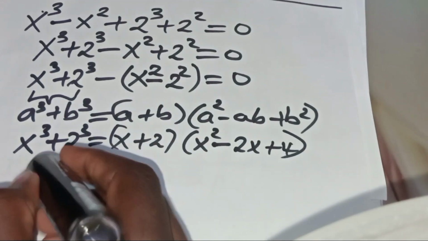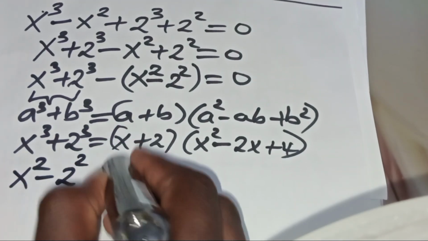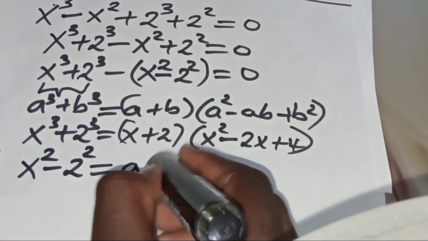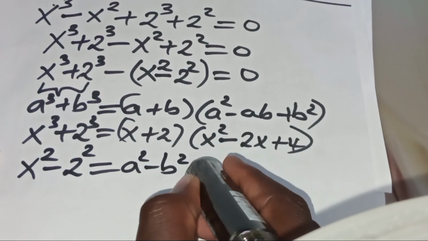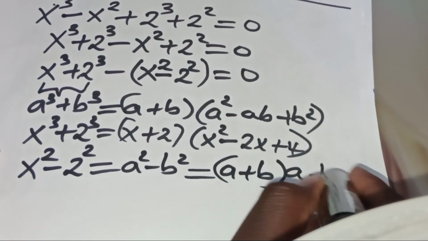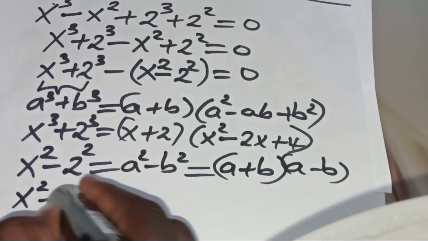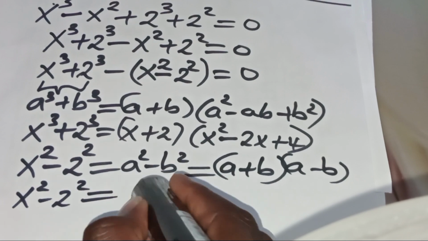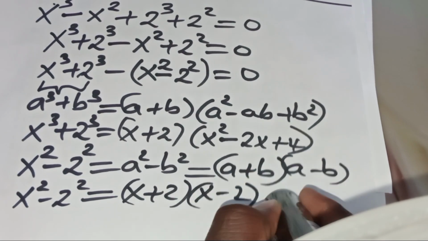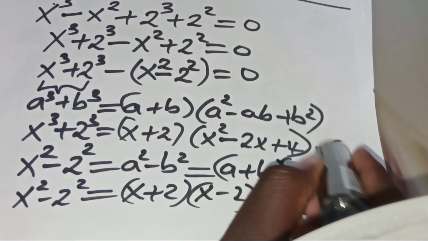Now the second part, which is x to power 2 subtract 2 to power 2, this is the difference of two squares, expressed as a squared minus b squared, which we can express as a plus b, a minus b. So let's apply this property. x to power 2 subtract 2 to power 2 is the same thing as x plus 2, x minus 2. Let's call this equation 2, and this is equation 1.